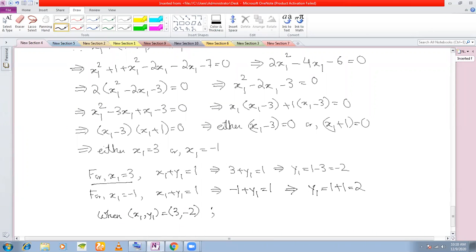See, for x1 is equal to 3, you're getting y1 is equal to minus 2. So when you are taking x1 y1 as 3 minus 2, then x2 y2 will be equal to this value, minus 1 2.